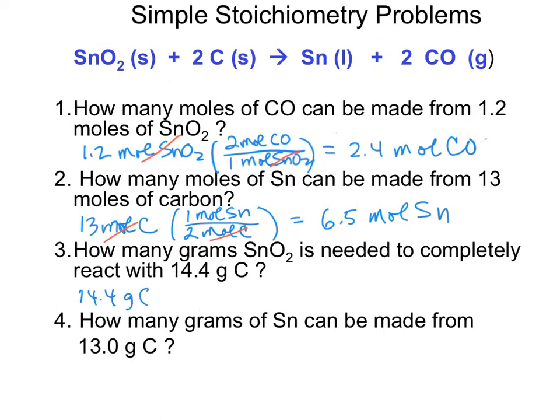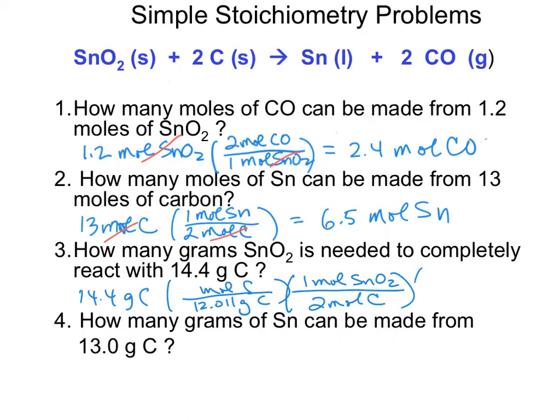Okay, so this one, 14.4 grams of carbon, use molar mass 12.011 grams per mole of carbon. Then use the coefficients in the balanced equation, 1 mole of tin(IV) oxide for every 2 moles of carbon. The question is how many grams. You need the molar mass of tin(IV) oxide.